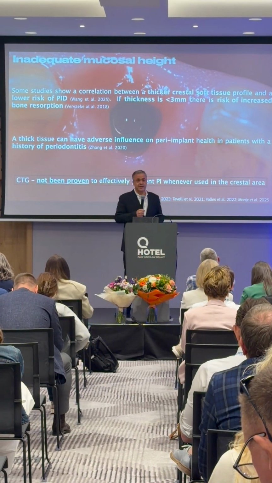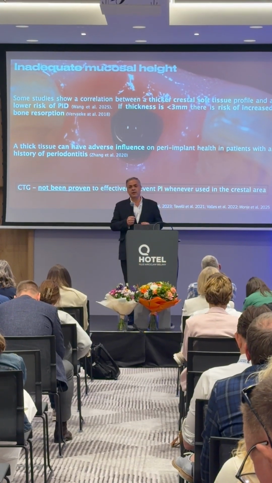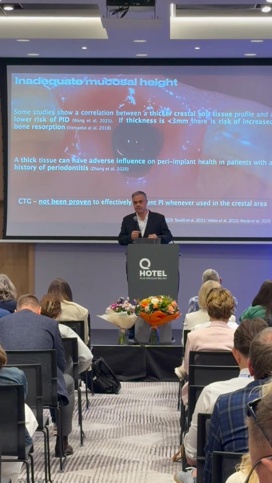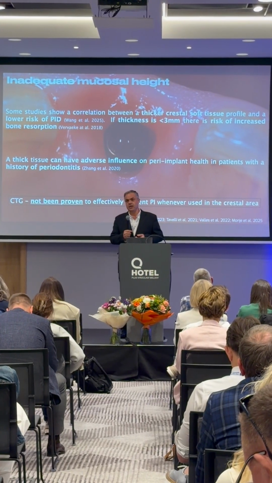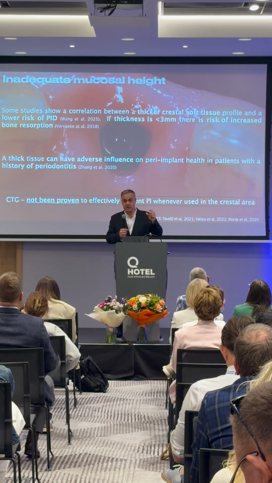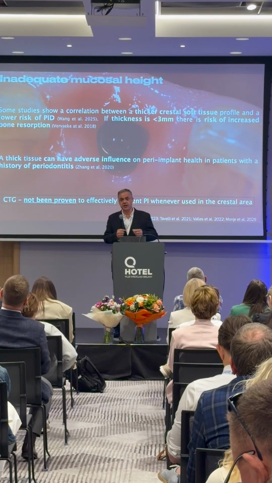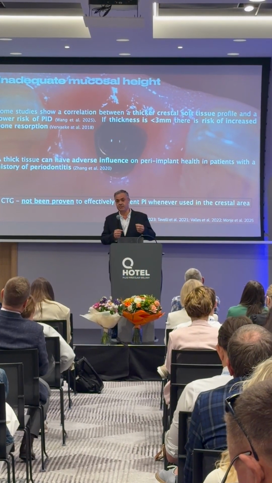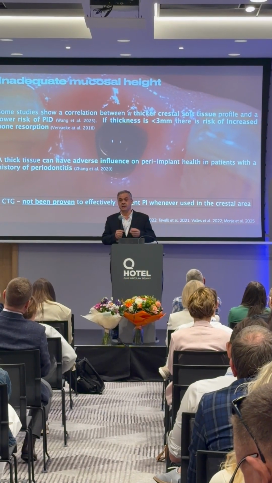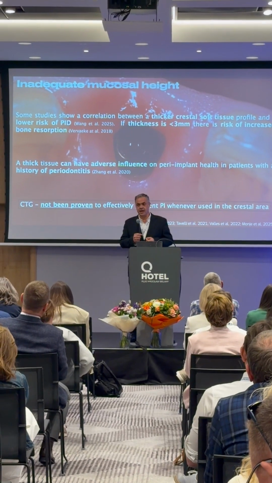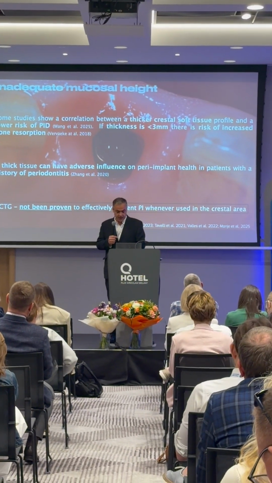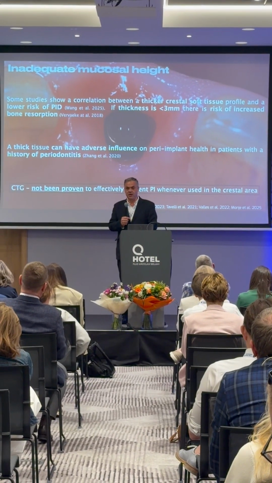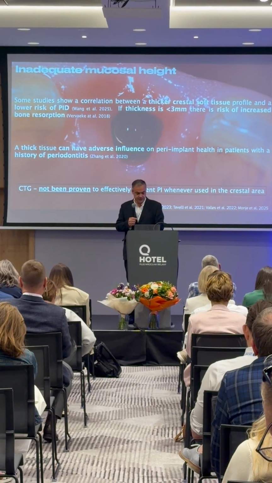But on the other hand, if the implant is placed too deep, and sometimes in the upper jaw we have a very thick tissue, we have the risk of having an increased pocket. So in those cases, we should reduce the thickness of the tissue to avoid a deep mucosal tunnel.